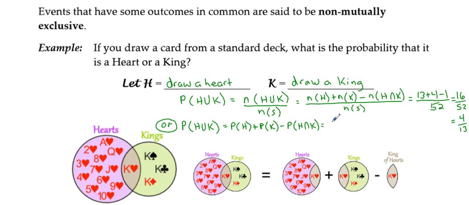So the probability of a heart is 13 out of 52. The probability of a king is 4 out of 52. And the probability of a heart and a king is 1 out of 52. And that's still going to give you the same answer. So the math is the same, it's just which way you want to write it.